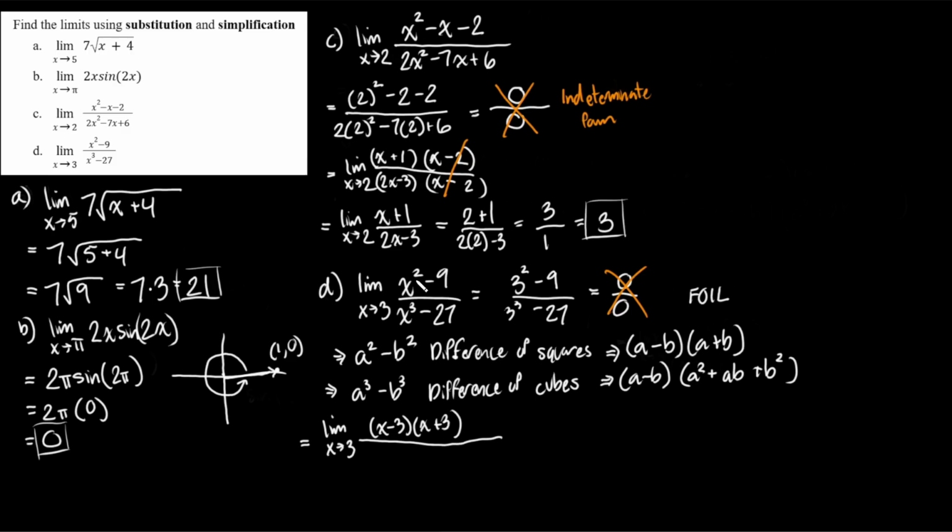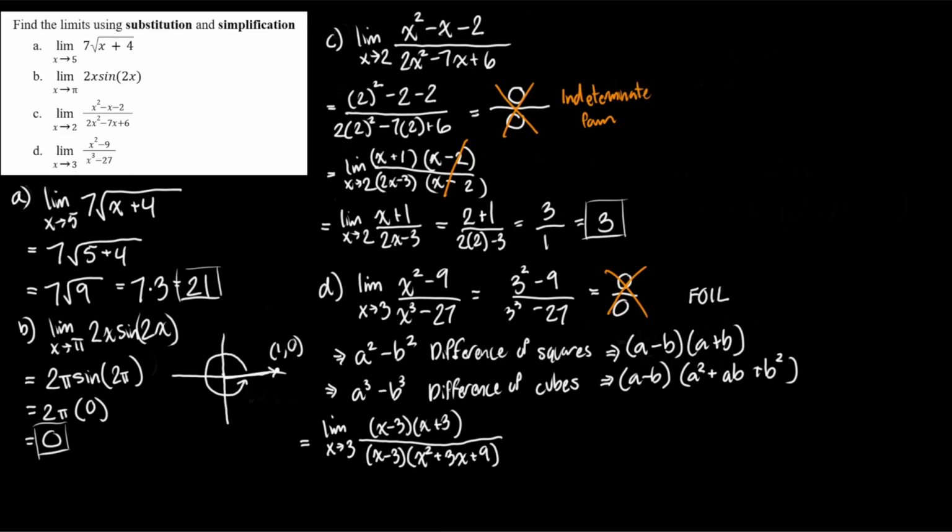If you do FOIL, you'll see where I got that 9. Same thing on the bottom. I can think of this 27 as 3 cubed, so I can rewrite this as x minus 3, and then I'll follow the rule here. It will be x squared plus, if this is x and this is 3, just 3x, and then plus, our b value is 3 here, so I'll write 9.